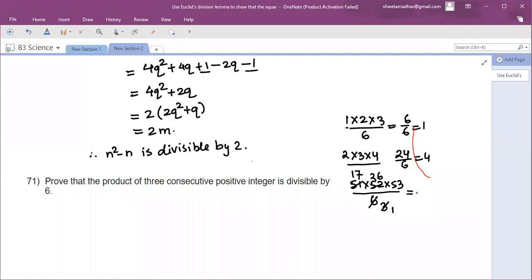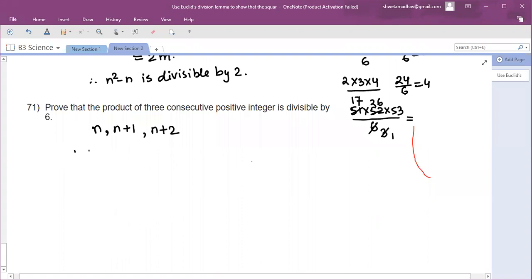Now that we have to show. So three consecutive integers we will take as n, n plus 1, and n plus 2. These are the three consecutive terms. We have to show n into n plus 1 into n plus 2 is always divisible by 6.